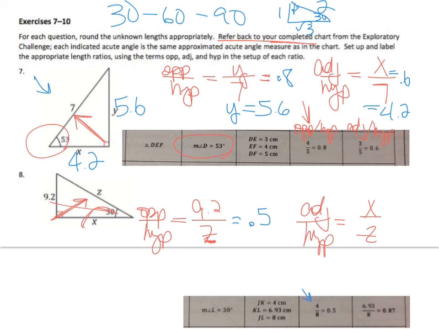So I need to cross multiply: 0.5z equals 9.2. 9.2 divided by 0.5 doubles it. z equals 18.4. So I'm going to replace that here, 18.4, because I have too many unknowns in that one.